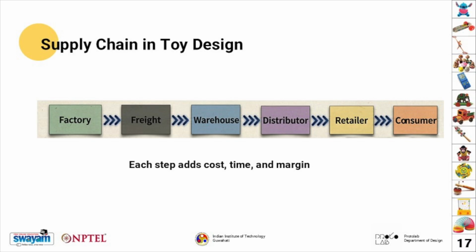For example, a toy manufactured at rupees 300 may incur rupees 30 to 50 in freight and warehousing before reaching a distributor. The distributor may add a margin of 10 to 20%. By the time it reaches retail, the economics have already shifted.